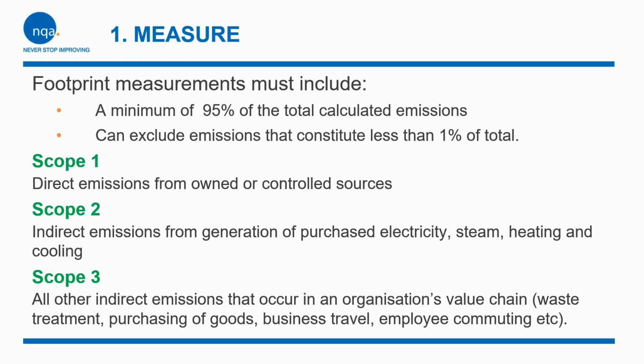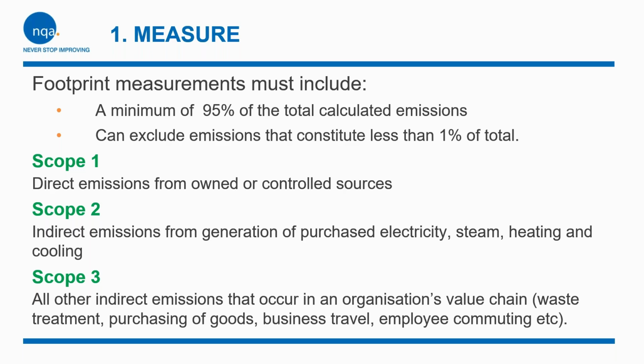The way I say to people is, there may be some things that are certainly so small that you don't need to take them into account. The problem, as I sometimes say, is that if they are getting near that 1%, then we may require, as an assessment body, demonstration of the actual percentage. And once you've worked that out, you might as well actually include it. But to get to the 95%, the sum of all those little bits, the sum of all those 1% or less than 1% has to be less than 5%. So we have to make sure that across all of the scopes, we've covered 95%.